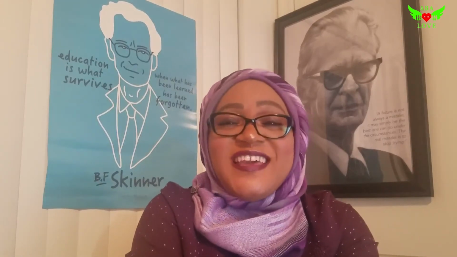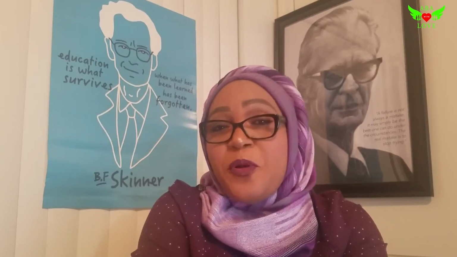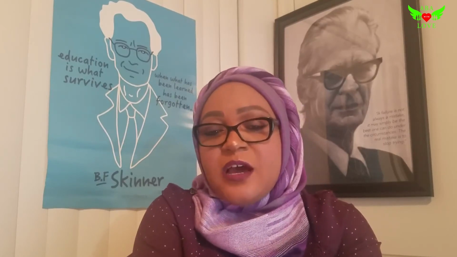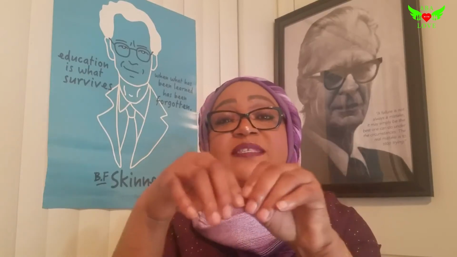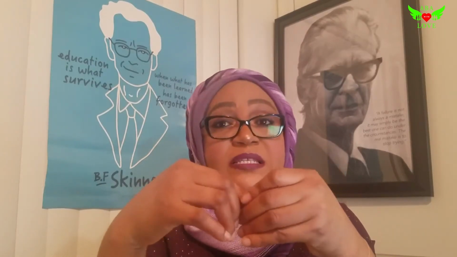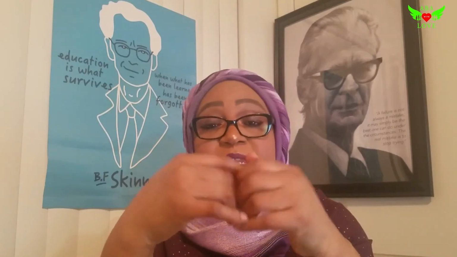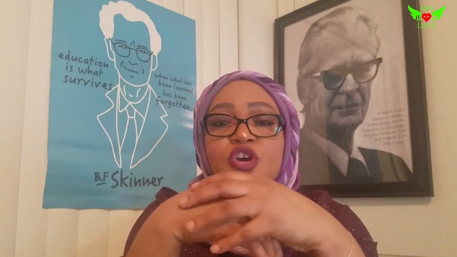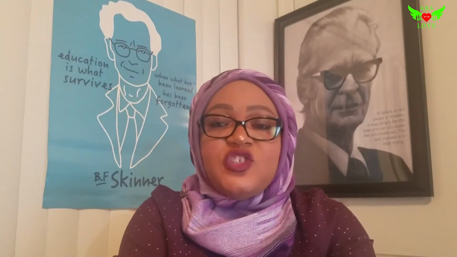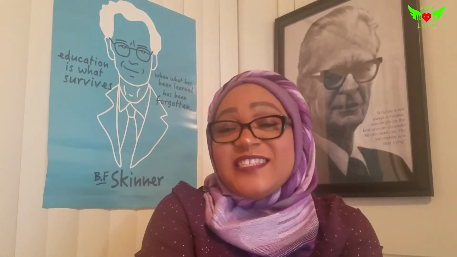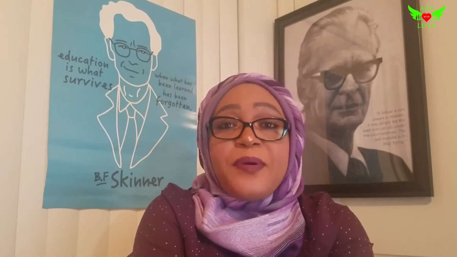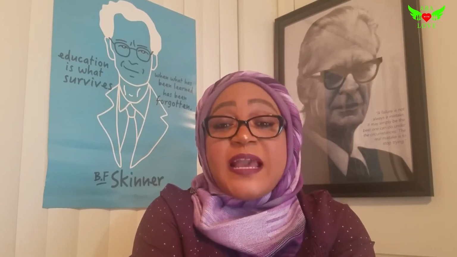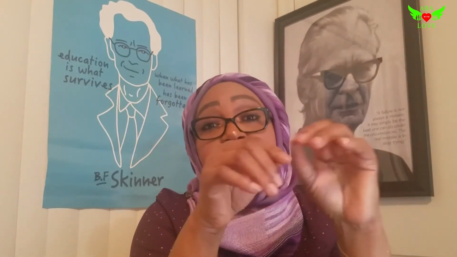The next one is when the behavior is maintained by sensory. When the function is sensory, an example of what that would look like is if a kid is always picking on their skin until it bleeds, because probably it's dry and they keep picking it until it bleeds. So you're trying to put that behavior on extinction. You would find nice, beautiful cotton gloves and put them on the kid so they can keep picking, but this time around, it's not going to bleed.